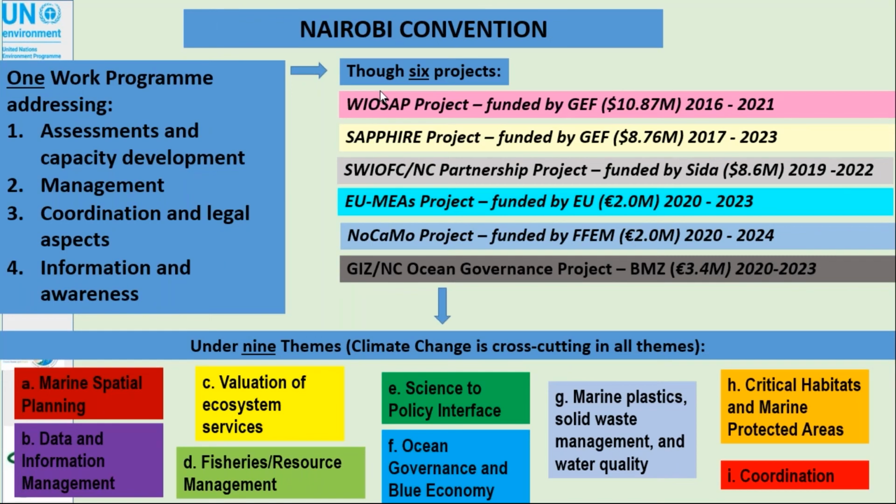Thank you. Yeah, and so how do we do this through the Convention Secretariat? Very briefly, I just wanted to show you this slide. The Convention has one work program addressing 4 key areas. Firstly, assessments and capacity development, management, coordination and legal aspects, and then information and awareness. We do this through several projects. Currently, we have 6 ongoing projects that contribute to supporting the work program.